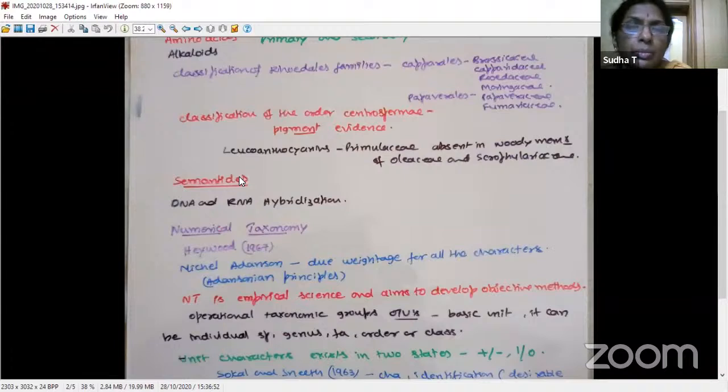As I told, macromolecules like DNA, RNA, and proteins have high molecular weight. The DNA, being the genetic material in all life forms and having much more molecular weight, is called the primary semantide.